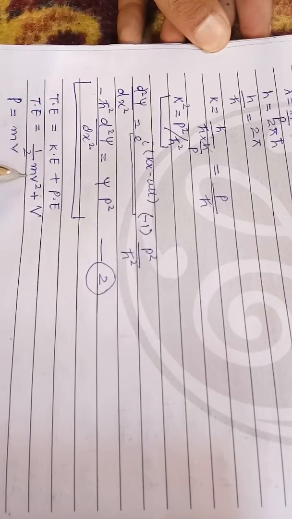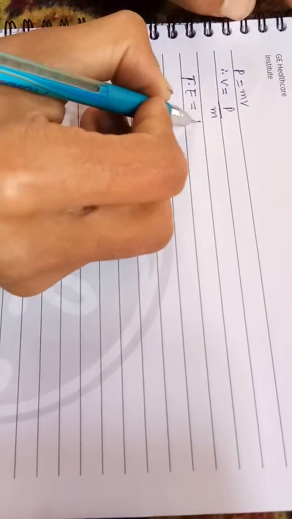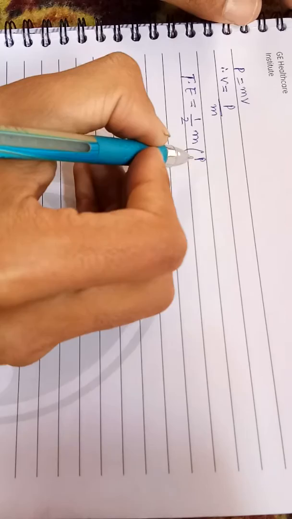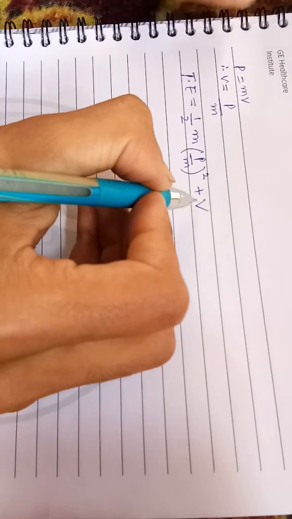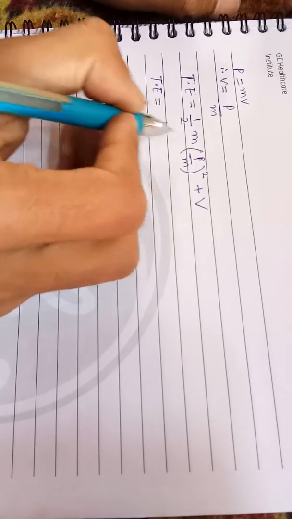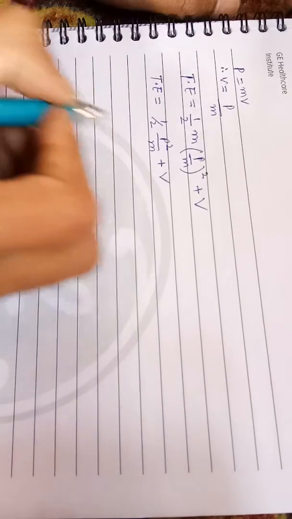Using the value of v equal to p by m over here, I will get total energy is equal to 1 by 2 m v square. For v square I will write p by m whole square plus potential energy. Total energy equals 1 by 2, 1 m will go with this 1 m, p square by m plus V.